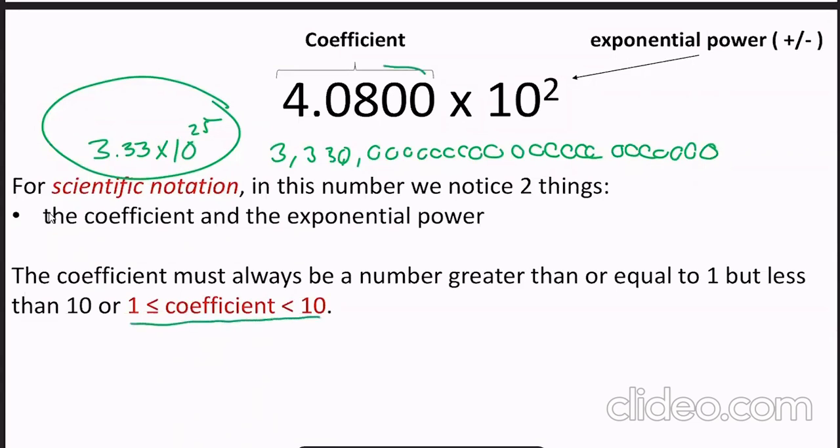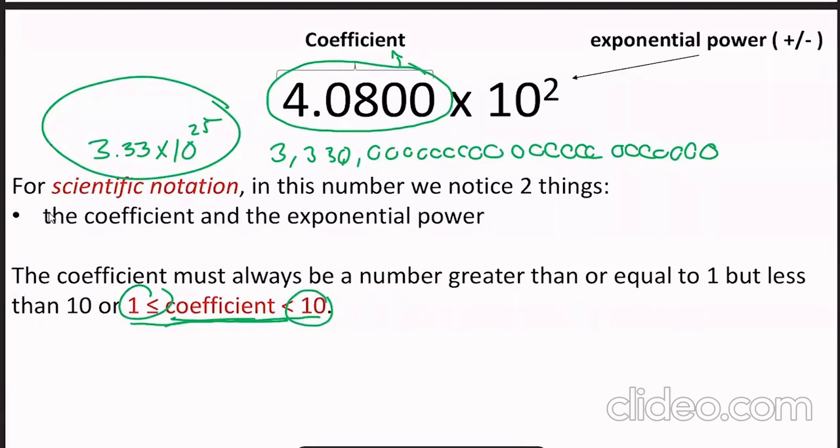This is your coefficient, and this coefficient has to be greater than or equal to 1, and less than 10. And that's the requirement for scientific notation.